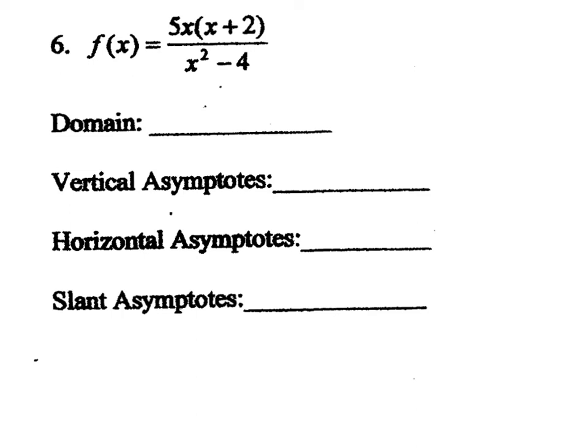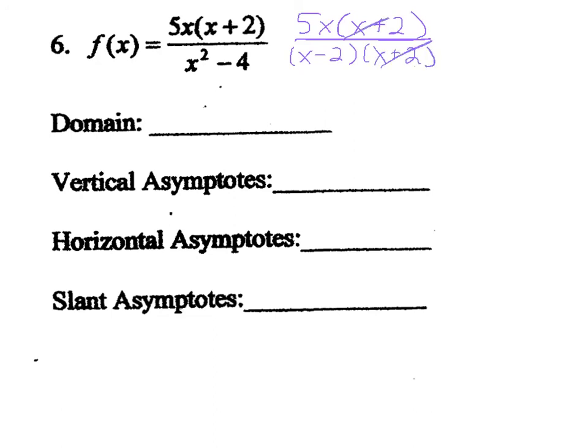In number 6, there are 2 numbers I would not be allowed to plug in. I would not be allowed to plug in 2 or -2. Oh, but I should factor this first in case something cancels, because I see that there's an x plus 2 on the top. So I have 5x times x plus 2 over x minus 2 times x plus 2.